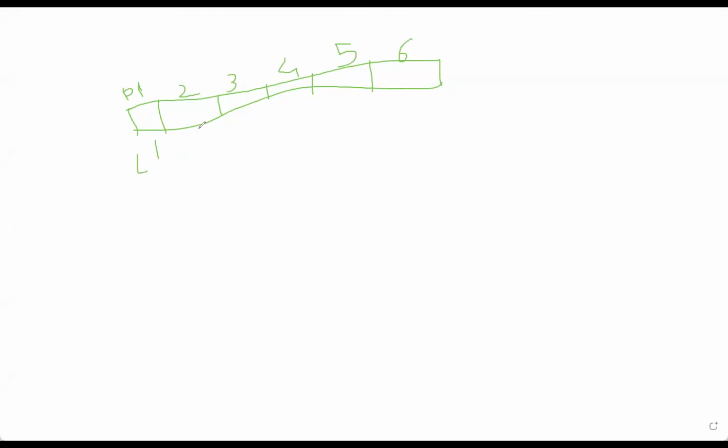Program 1 length is 1, program 2 length is 3, program 3 is 5, program 4 length is 7, program 5 length is 9, and program 6 length is 10. Now I want to pick out program 5.